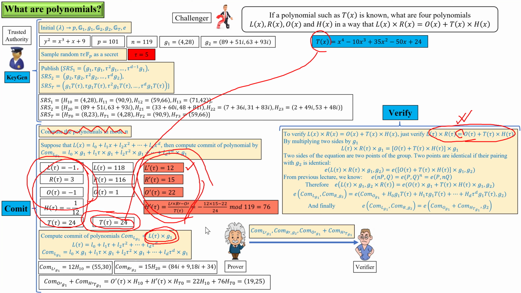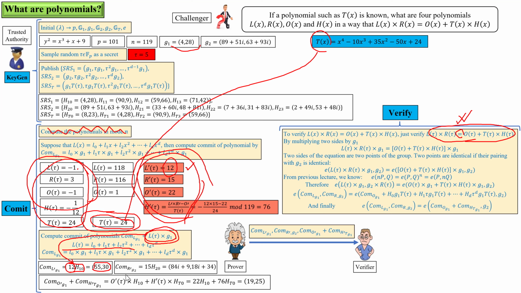So instead of following this formula, the prover uses this formula to compute the commits. Just L of tau, which is 12, multiplied by G1, which is 428. And then by computing this value from the website, the commit of the fake polynomial equals 55 and 30.